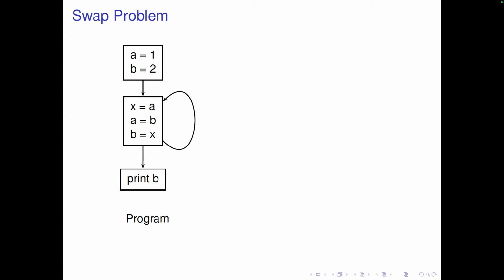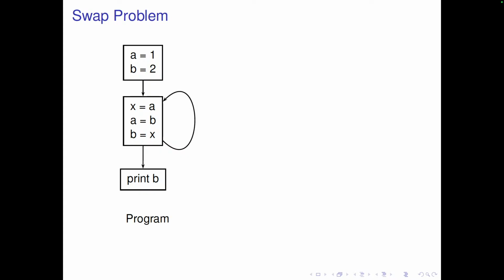And once again, what will be printed by this program if you go over the loop once? So you can see we are just implementing swap in the middle block.